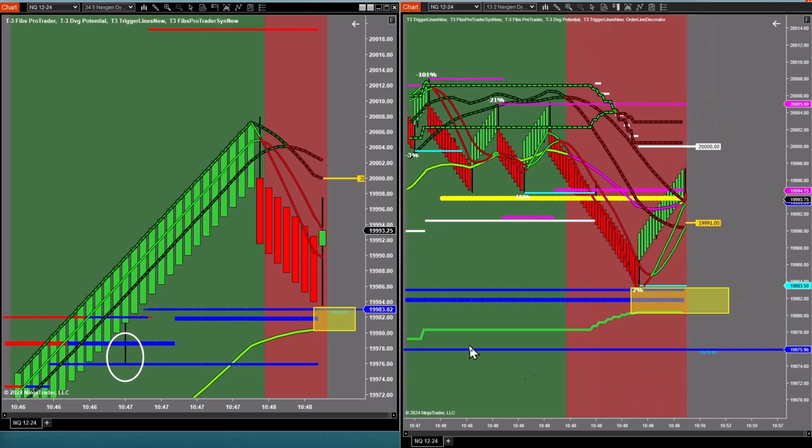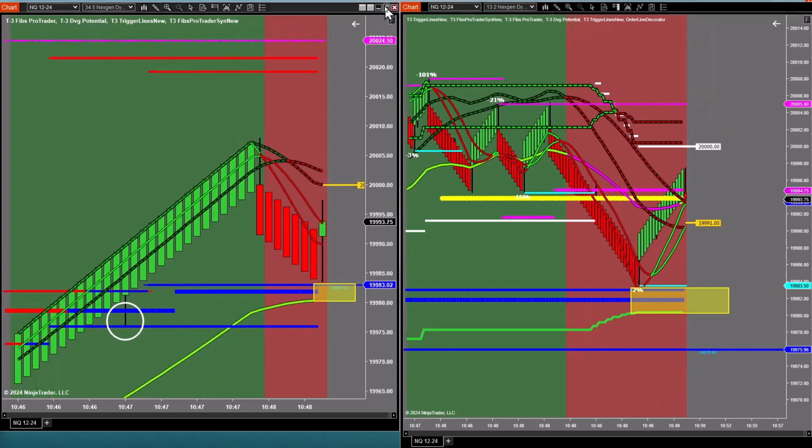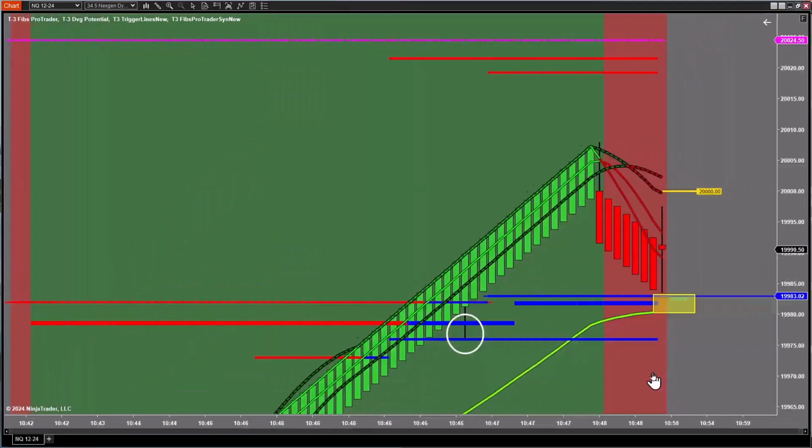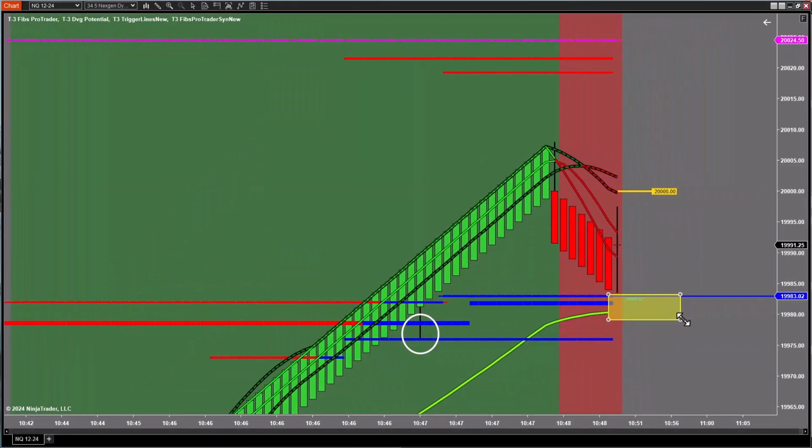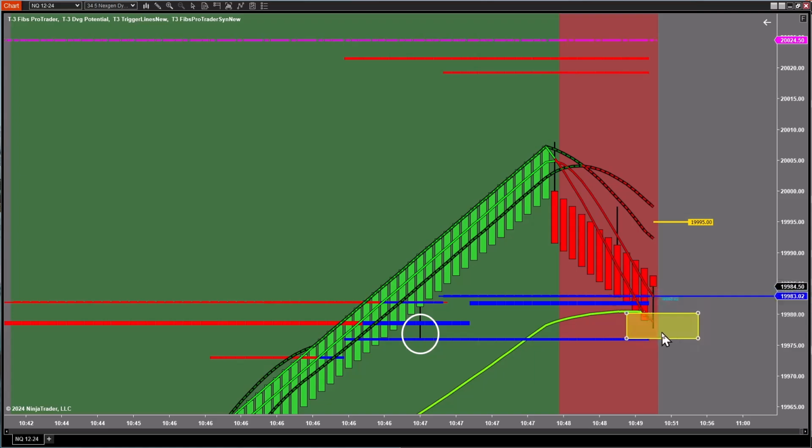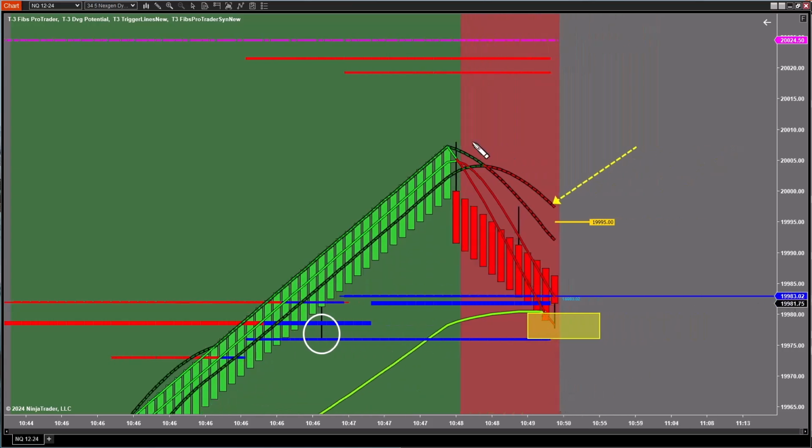So this is very, very typical. And again, you guys can assess this support area. Yes, the triggers are down into it, but eventually, is it going to hold based on the location of the triggers? That's what we have to ask ourselves. And if the answer is yes, look, here's what we're looking for.